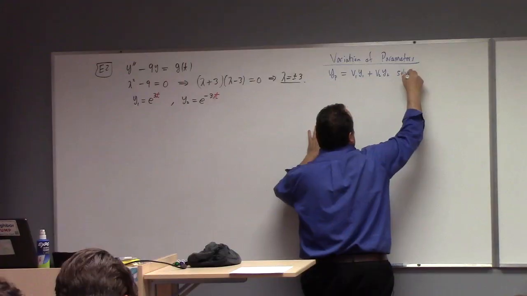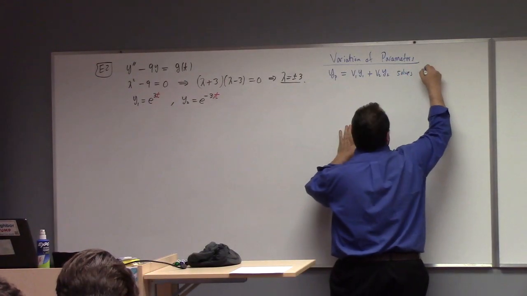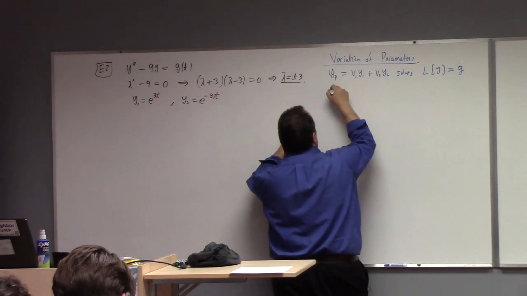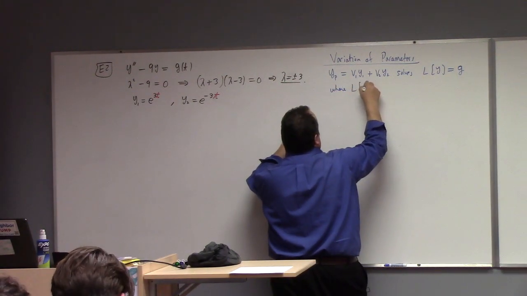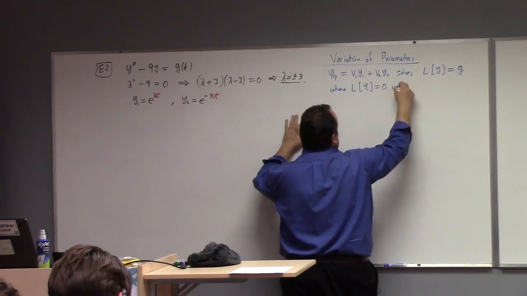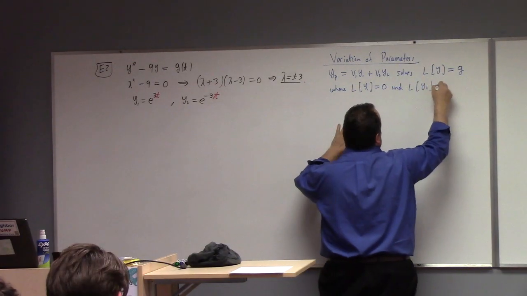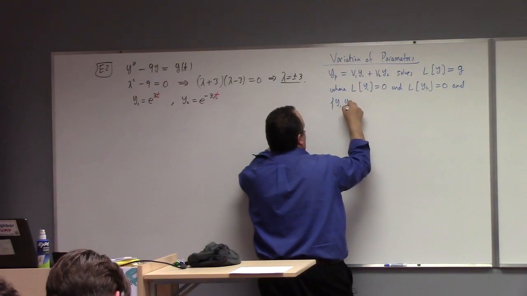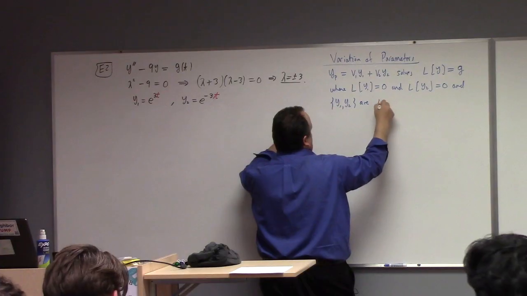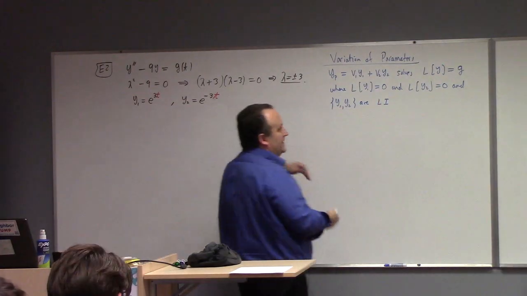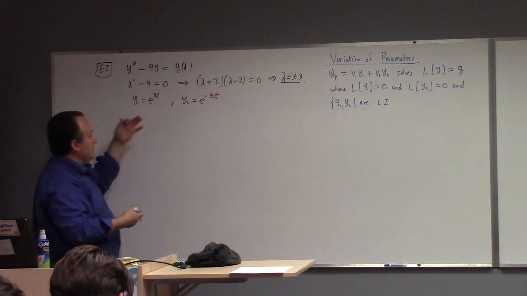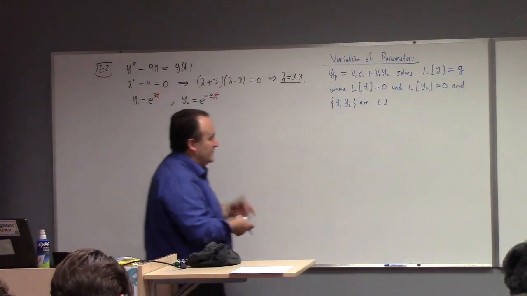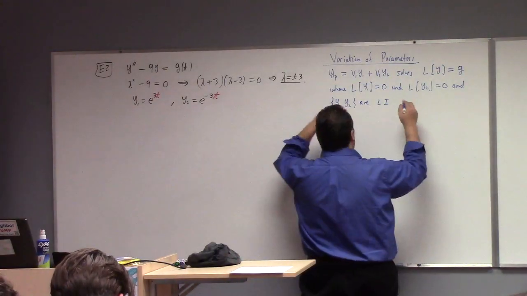This solves L of y equals g, where L of y1 is equal to 0, and L of y2 is equal to 0. And we are assuming y1 and y2 are linearly independent. All right, so we already have that. Linear independence of e to the 3t and e to the minus 3t. This is true, and they are solutions to the homogeneous problem. There's a little bit more here, though.